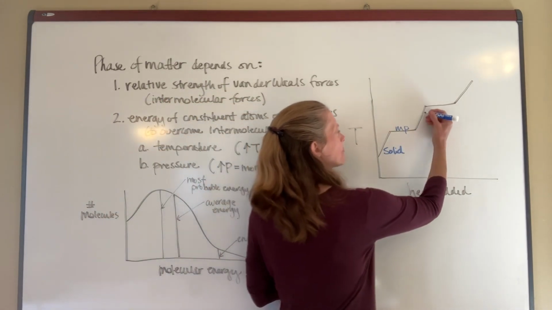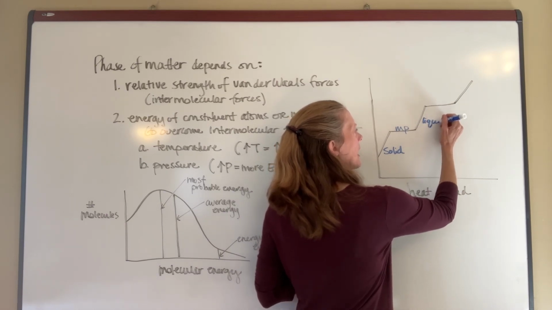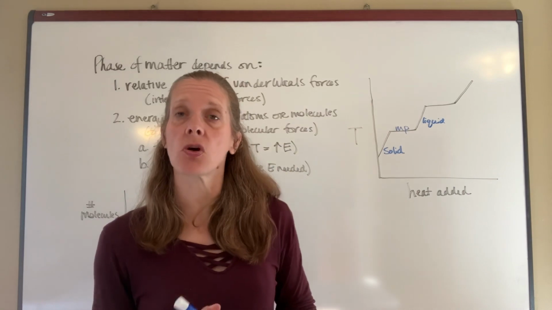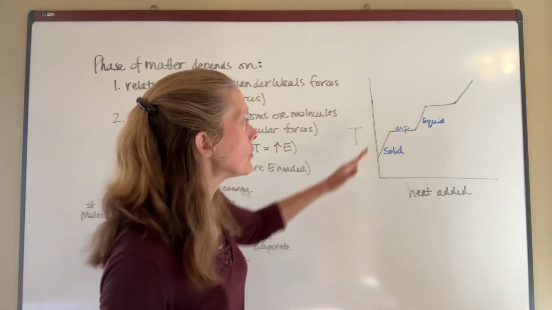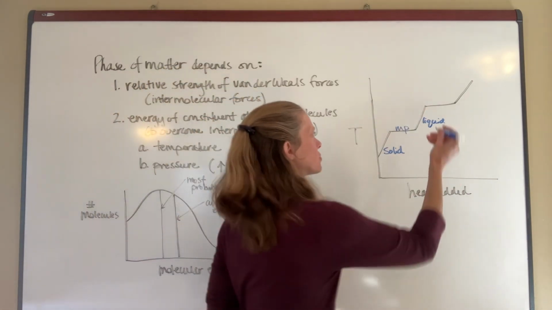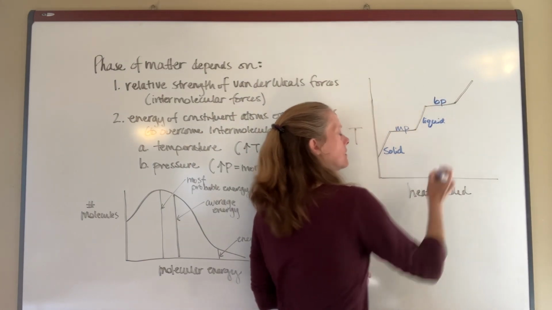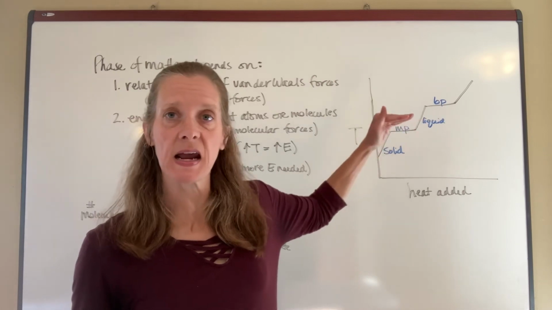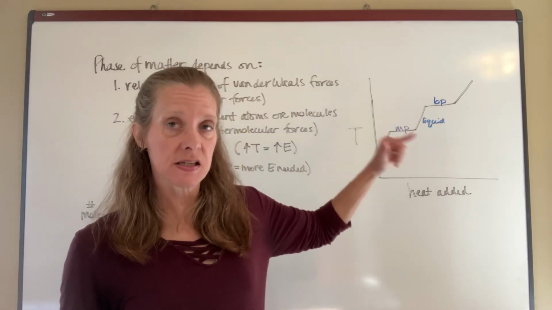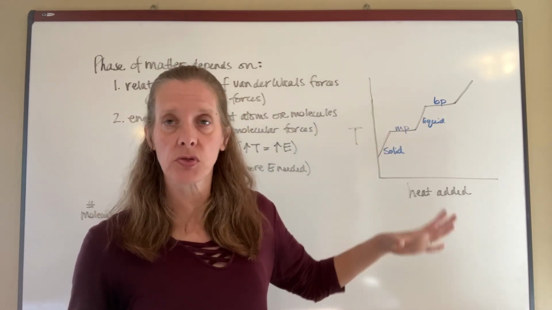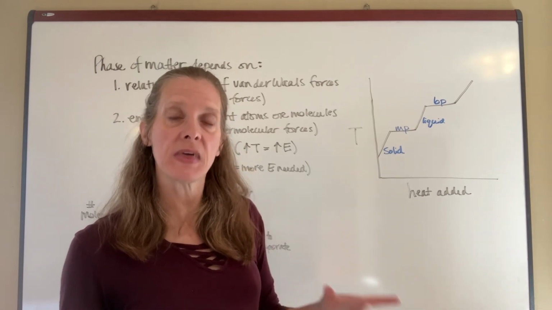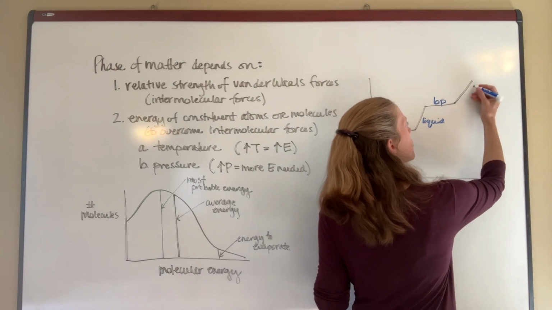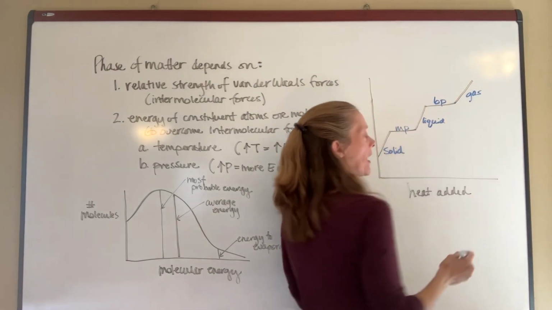Once I get to this point right here, I now have a liquid, and I can raise the temperature of the liquid until the point where the liquid starts to boil. And once again, where the liquid boils, the temperature is now going to stay constant until the time that all of the liquid has evaporated. And then once I have everything into the gaseous phase, the temperature will once again start to rise.